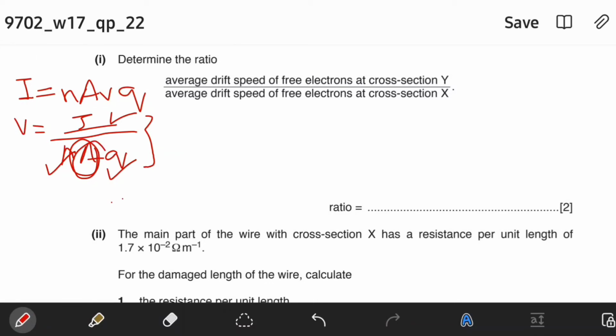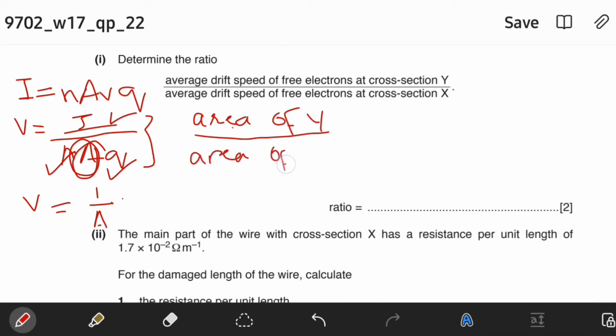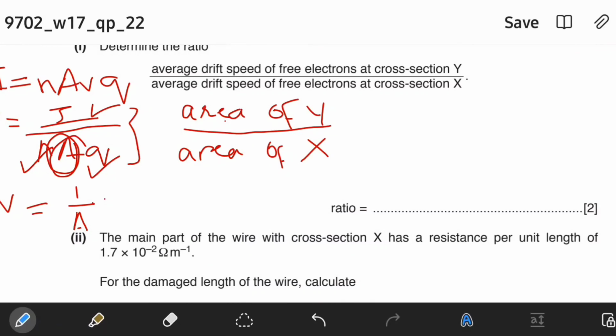So we can say that drift speed is proportional to 1 over A if we remove all these three quantities, because they are constant for both parts of the wire. So we're just left with drift speed equals 1 over A.